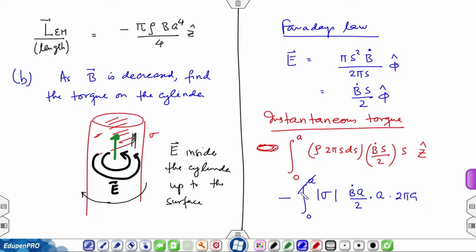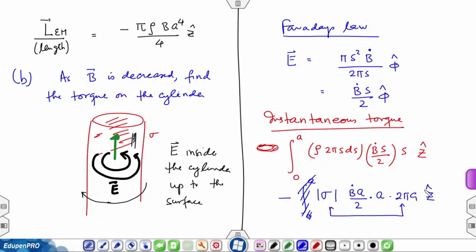There is no integration here, because this is a thin sheet. So, 2 pi a sigma gives the total charge. This is the field, and a times that gives you the torque. This is also the z direction, opposite to the previous one, because negative charge, so minus z.